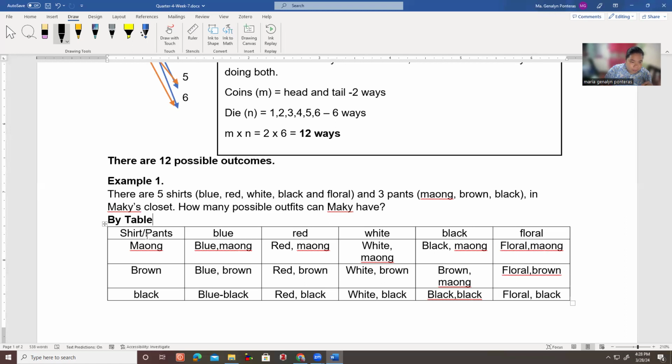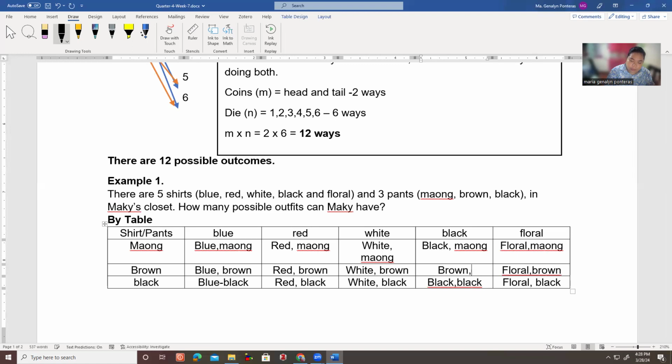Blue brown, red brown, white brown, black brown, floral brown. So a total of 10 outfits if we have 2 pants and 5 shirts.